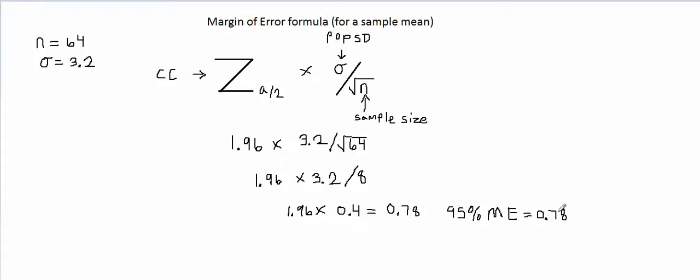Now we have to wonder, what is this actually telling us? Well, what it's telling me is that when I randomly select my sample of 64 people from the population, and I calculate the mean of my sample, 95% of the possible samples will fall between these 2 points that I'll draw on here. Here's the unknown population mean that I'm estimating.